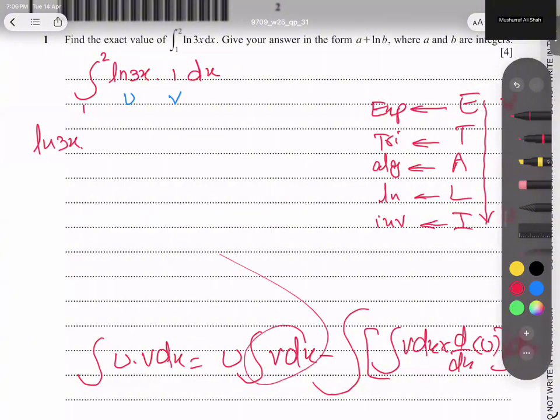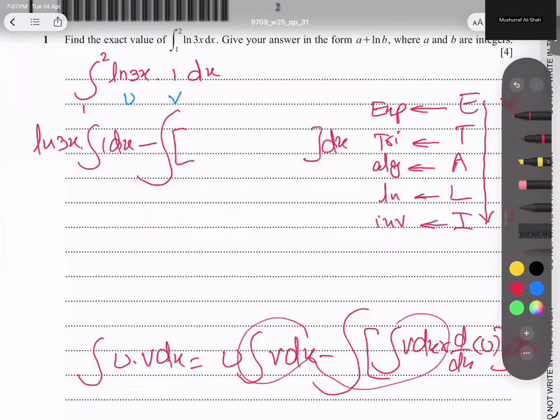Now V integration, so I write 1 integration like this, minus the big sign of integral, bracket opens, bracket ends, dx.